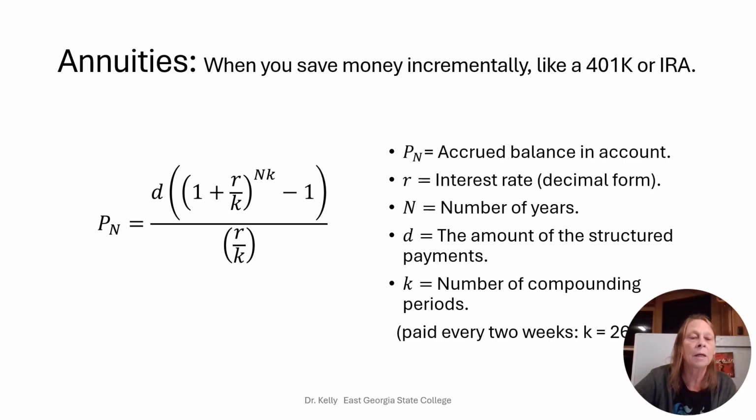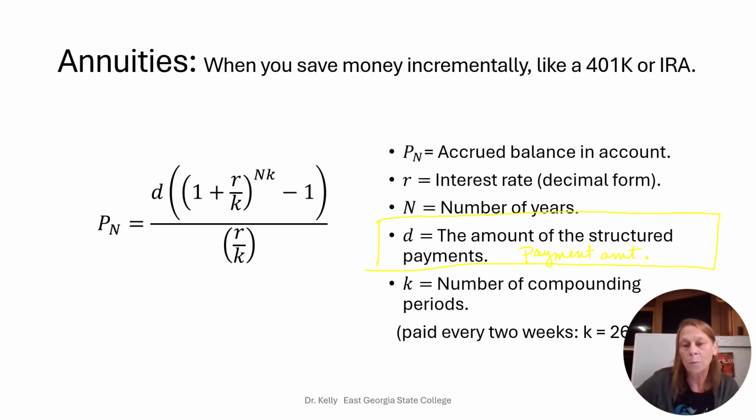And there's only one new variable to note, and it's the D, and the D is the amount of the payment, so that's payment amount.